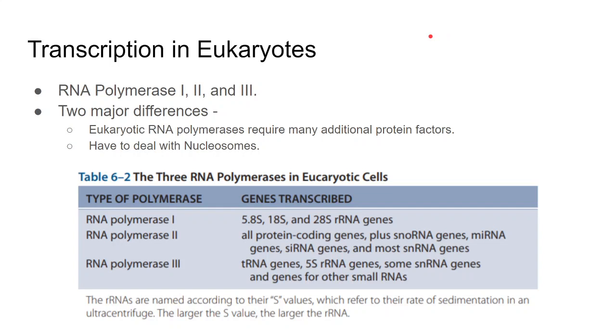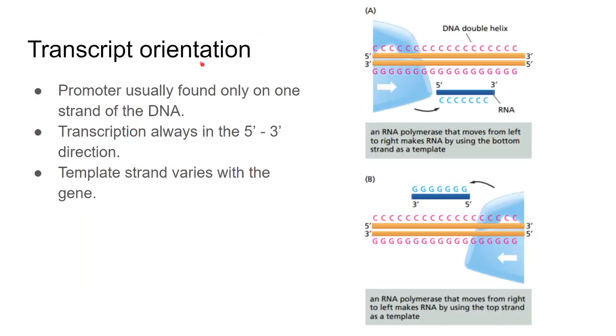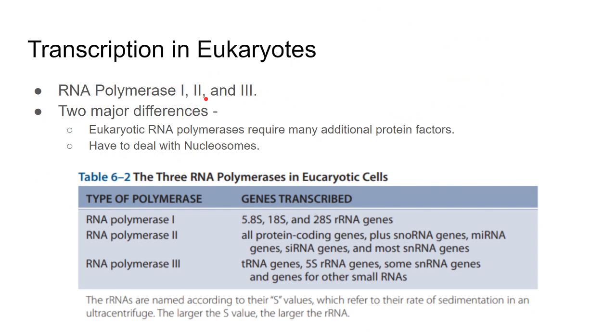So that was prokaryotic transcription. We haven't discussed elongation and termination yet. Well, termination to some extent we have covered, but not in much detail. So now we'll talk about how initiation and elongation occur in eukaryotes and how it's different from prokaryotes.